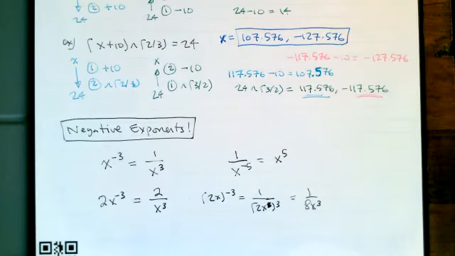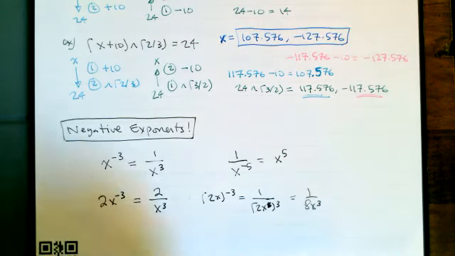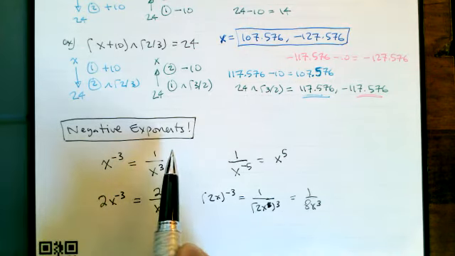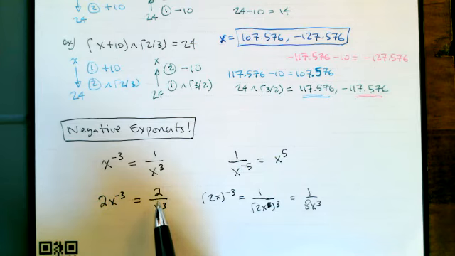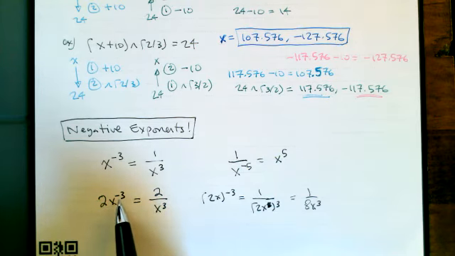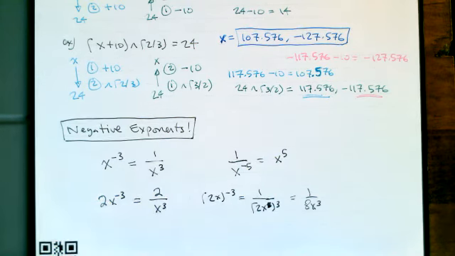And remember that context matters and your audience matters. So I want to point out that when we have negative exponents, when we read 2x to the -3, the x is getting the -3 exponent, not the 2. The 2 stays behind. If I want the 2 involved in the -3 exponent, I need to put parentheses.